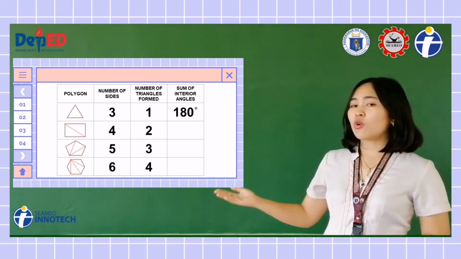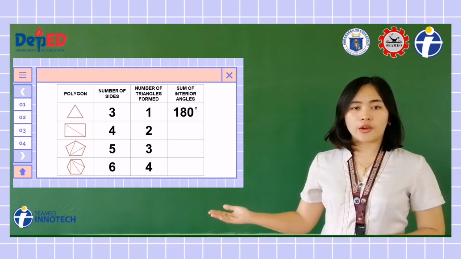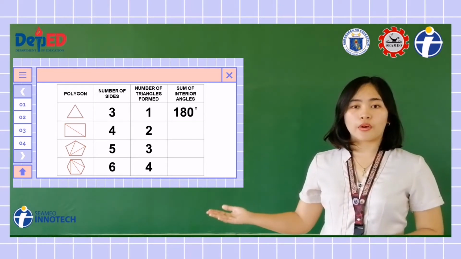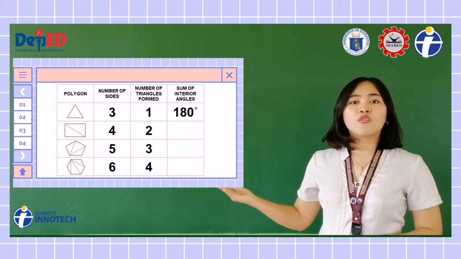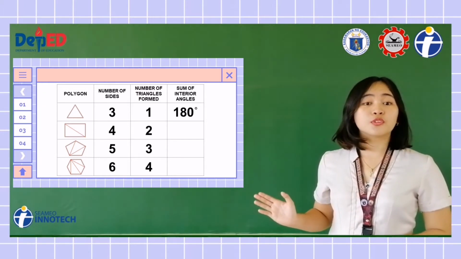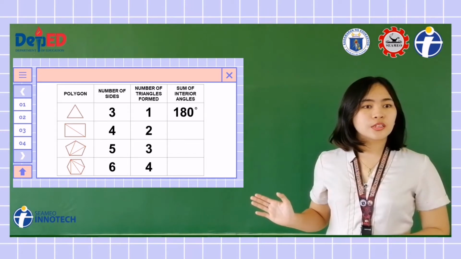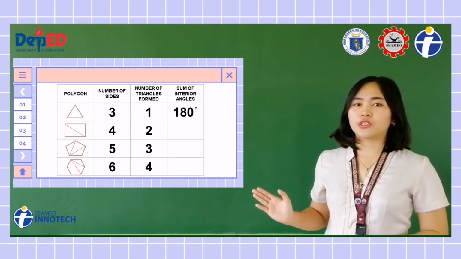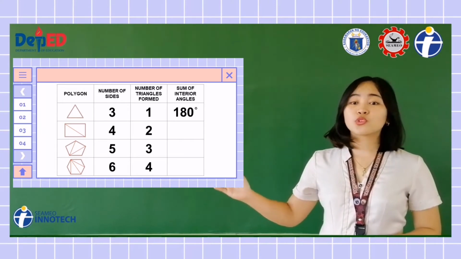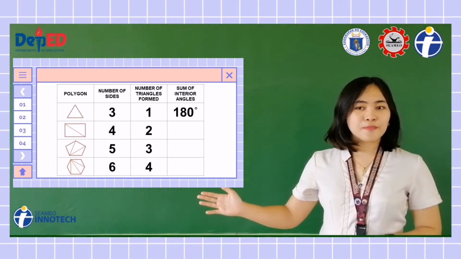Now, proceed to a regular square. How many sides does our square have? 4. Very good. How many triangles are being formed? 2. Very good. As you can observe, we have 2 triangles, right?